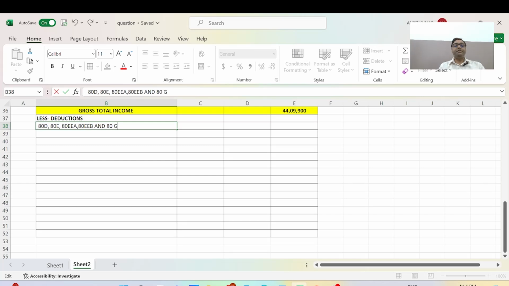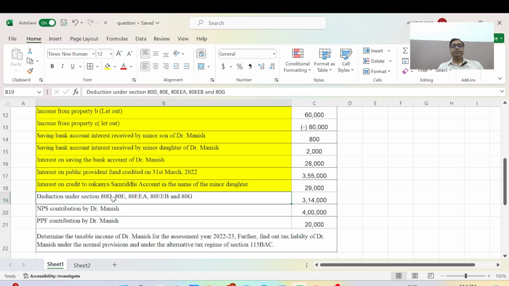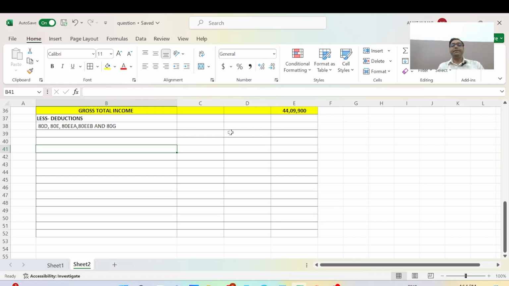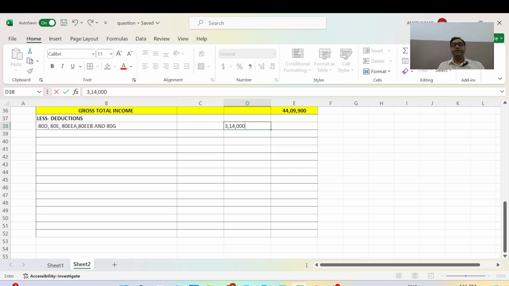As per the question information, this amount is 3,14,000. It will be mentioned here as 3,14,000.